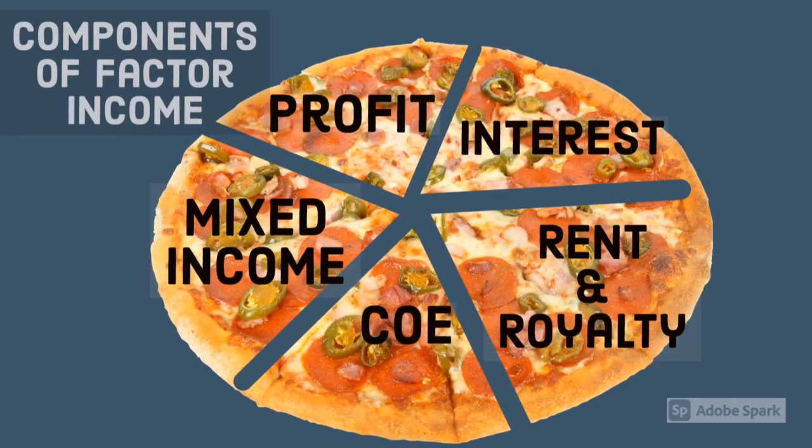We have interest, the amount received for lending funds to a production unit, and of course profit, which is the reward to the entrepreneur for his contribution to the production process. But alongside, we also have a component of mixed income, which is any income where wages, rent, interest, profit cannot be separated from each other, like the income generated by retailers, farmers, doctors, etc.